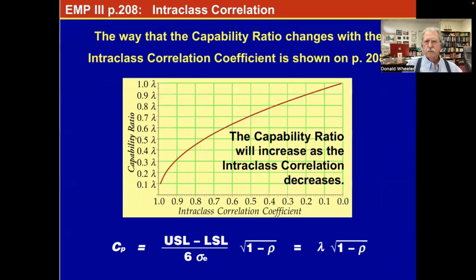The way that the capability ratio changes with the intraclass correlation coefficient is shown on page 208. The capability ratio will increase as the intraclass correlation decreases. So C sub P is a function of the square root of 1 minus rho.